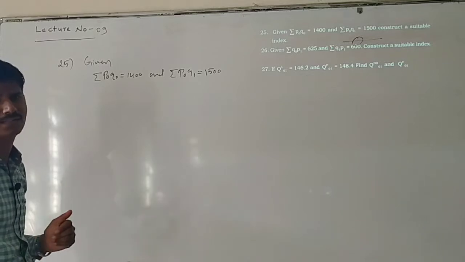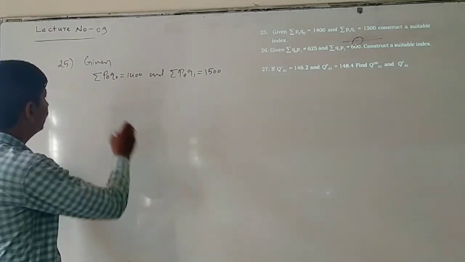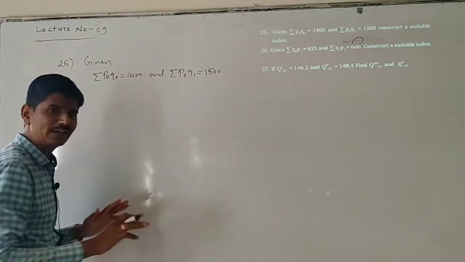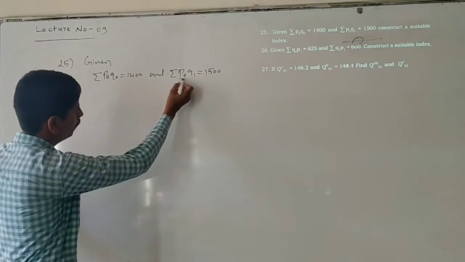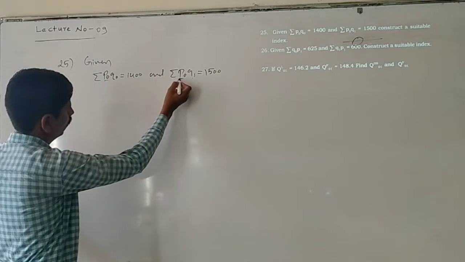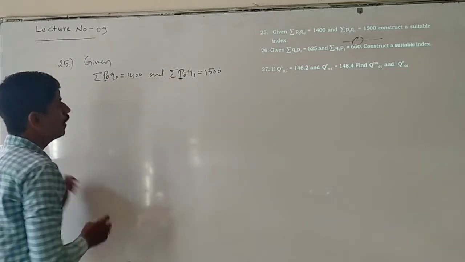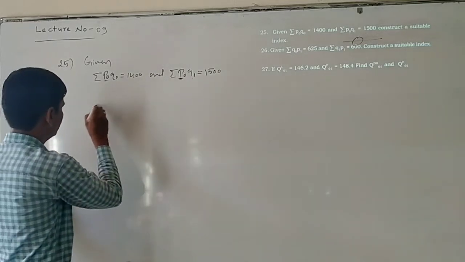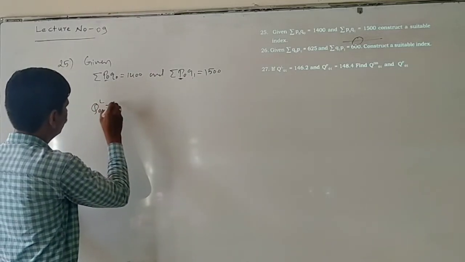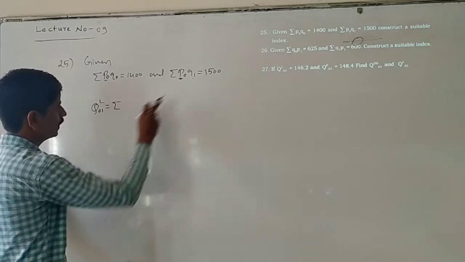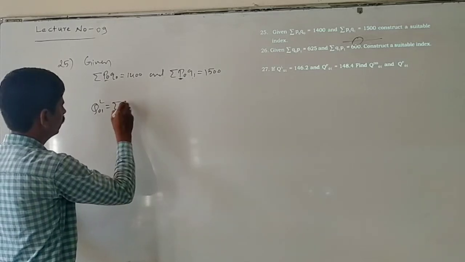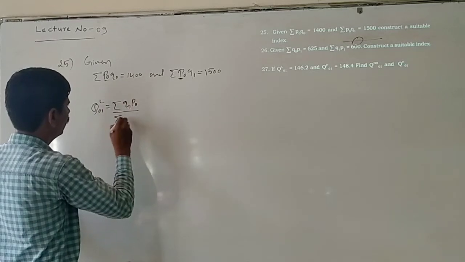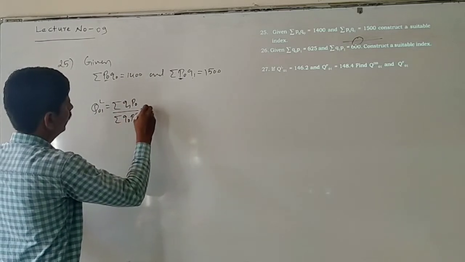Which index number is it? See here Q0 and Q1. Again, see here they are given P0 and P0, common. Here P0 deals with the Laspeyres' quantity index number, that is Q01L equal to sum of Q1 P0 divided by sum of Q0 P0 into 100.